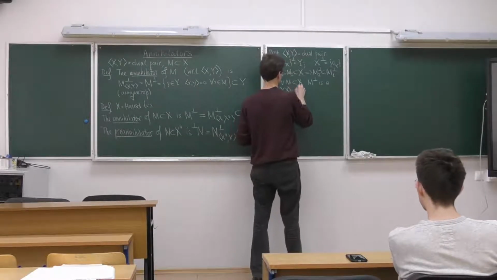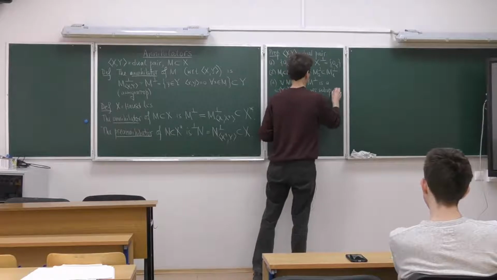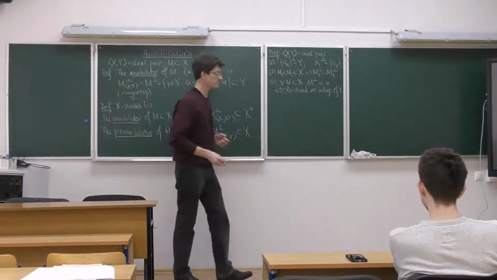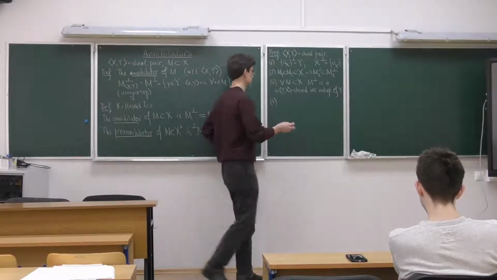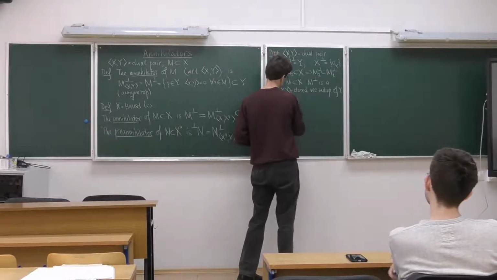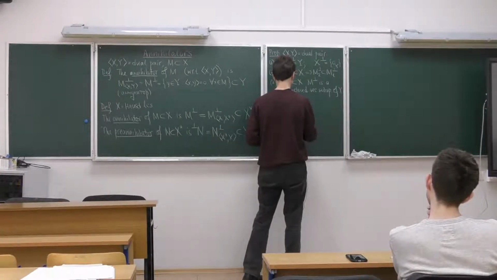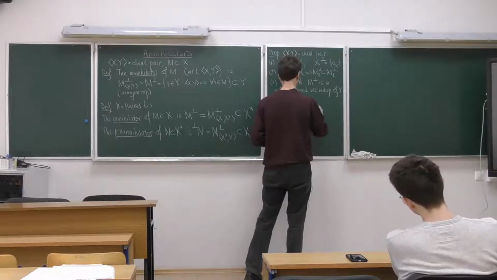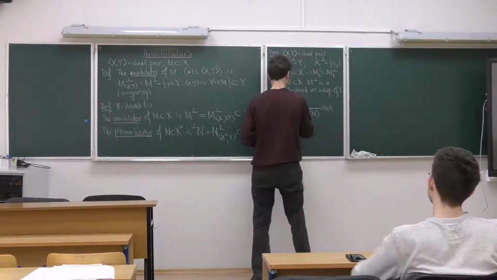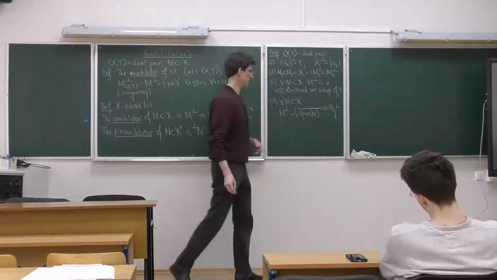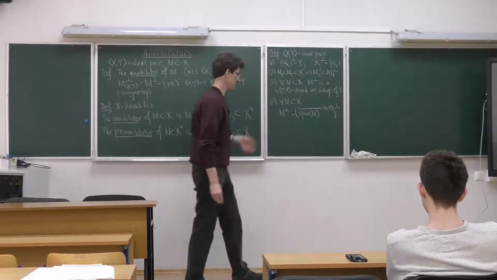A weakly closed vector subspace of Y. And more or less for the same reason, property 4: for each subset M in X, the annihilator of M is equal to the annihilator of the weakly closed linear span of M. So if we take the linear span of M and take the weak closure, then of course this is bigger than M, but the annihilator will be the same.